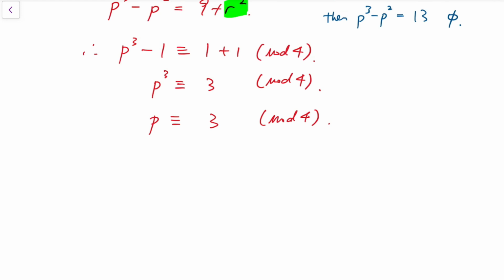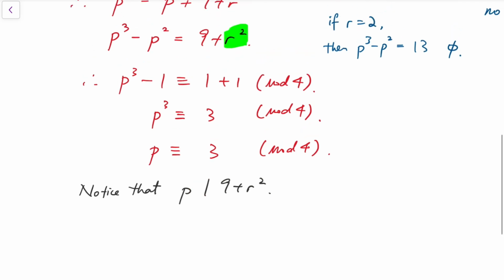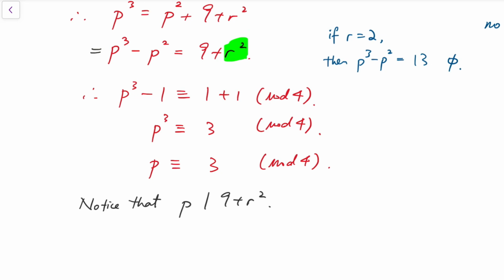Now, you notice that for this prime, p is also a divisor of the right side, 9 plus r squared, because for the left, we can factorize that as p squared times p minus 1.